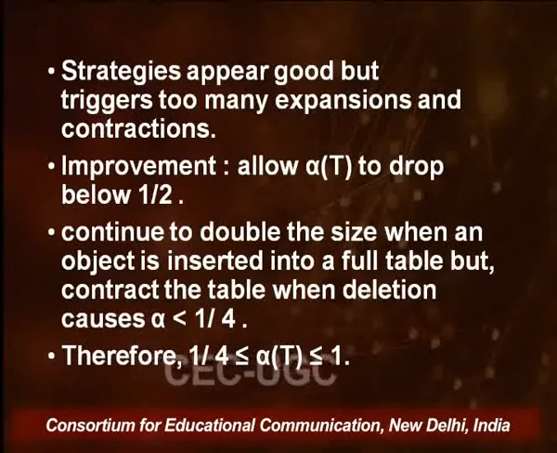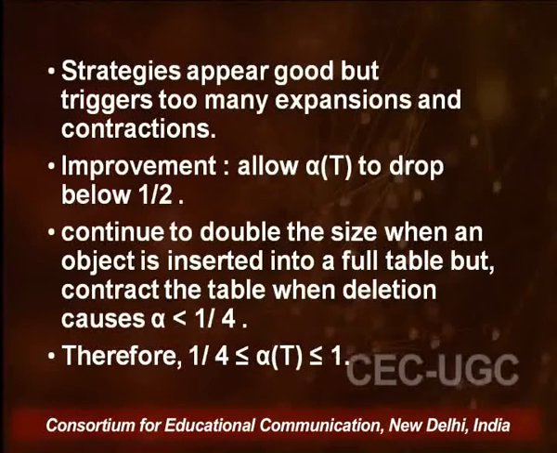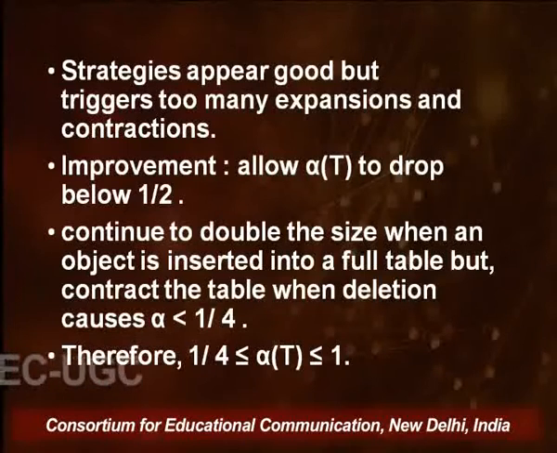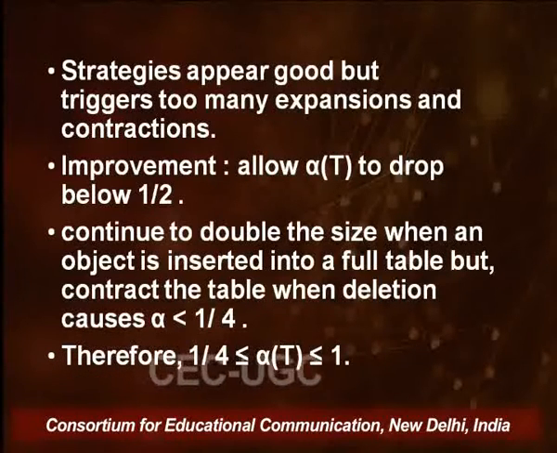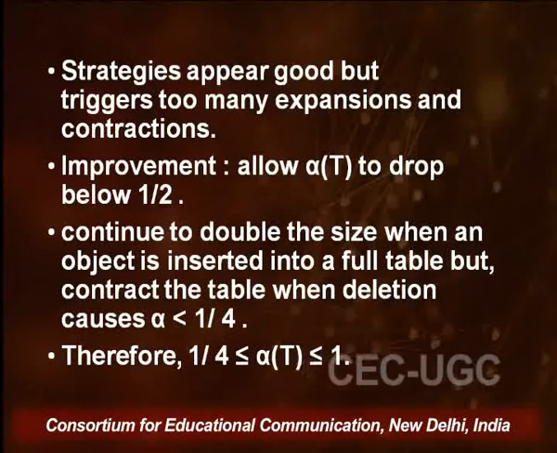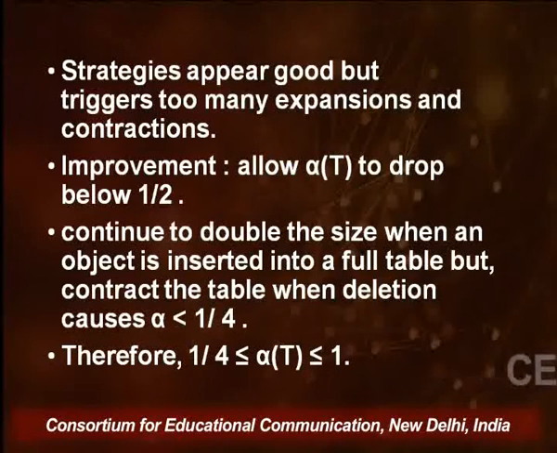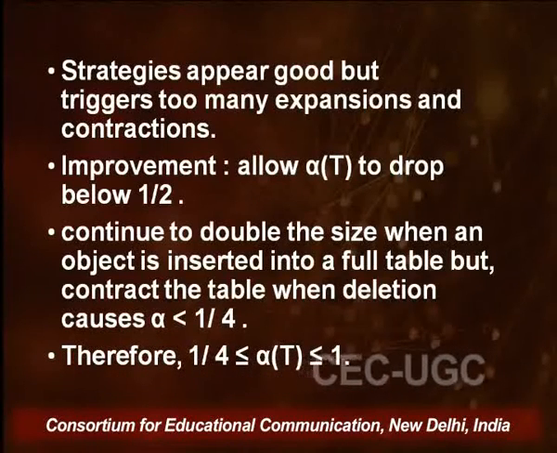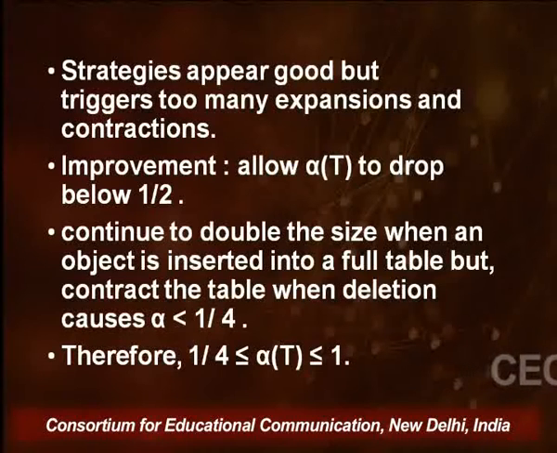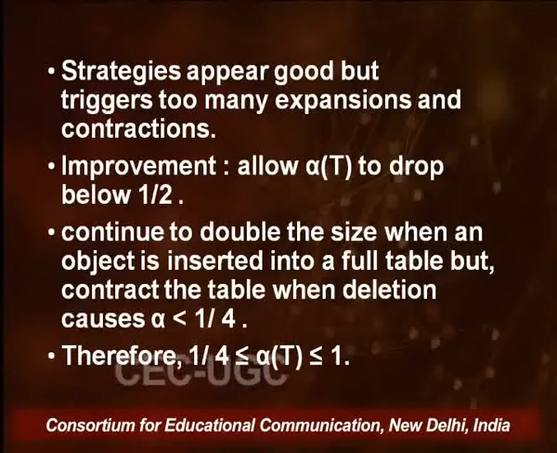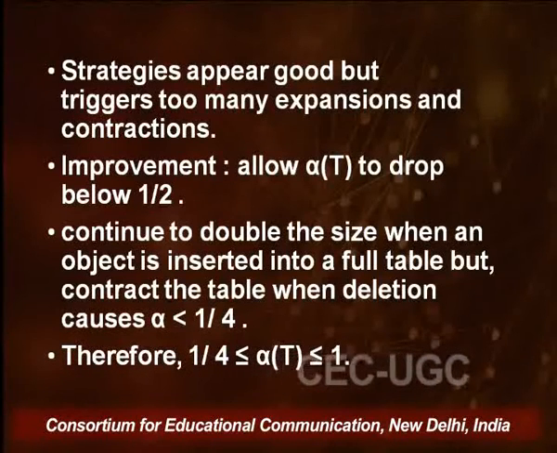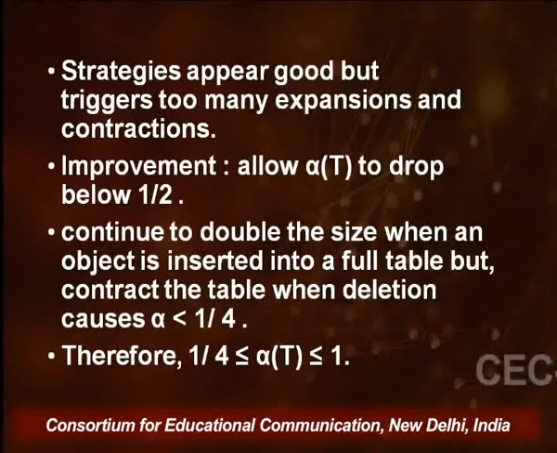Now we need to continue to double the size when an object is inserted into a full table. That means we are set with the strategy of expansion: whenever an object is going to be inserted into a full table, we are going to double the size. But in order to allow alpha t to drop below 1 by 2, we need to make sure that the contraction of the table does not happen when alpha t touches 1 by 2.